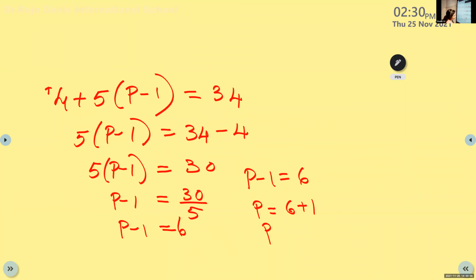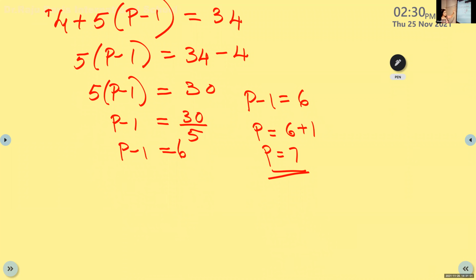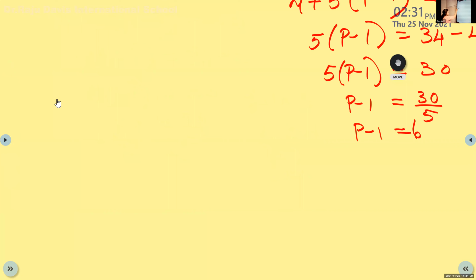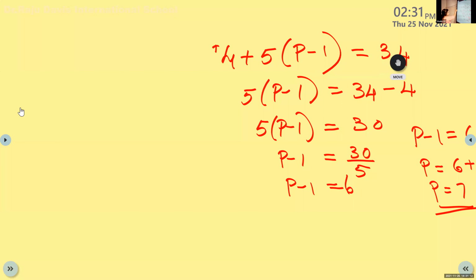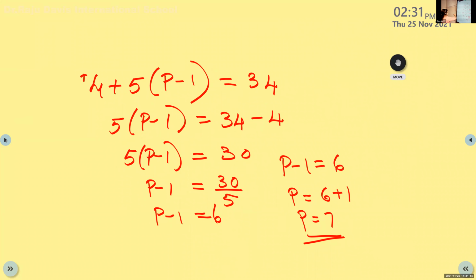P is 7. Okay. So when the equation is given like this, children, what you have to do is simply separate what is added to it first, what is outside the bracket first.